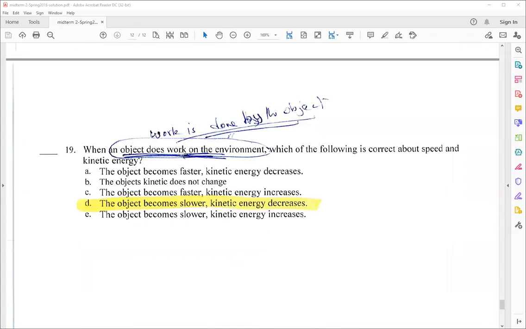Question 19, when an object does work on the environment, which of the following is correct about the speed and kinetic energy? Now we're adding work is done by the object. Here, the correct answer is the object becomes slower and kinetic energy decreases.